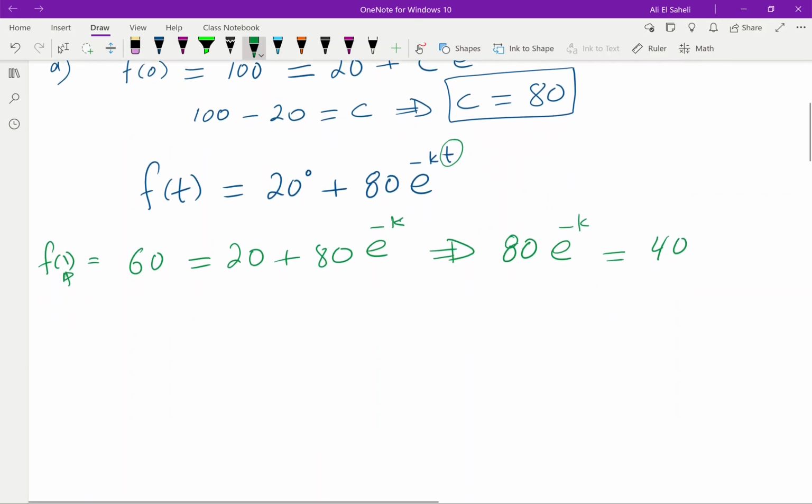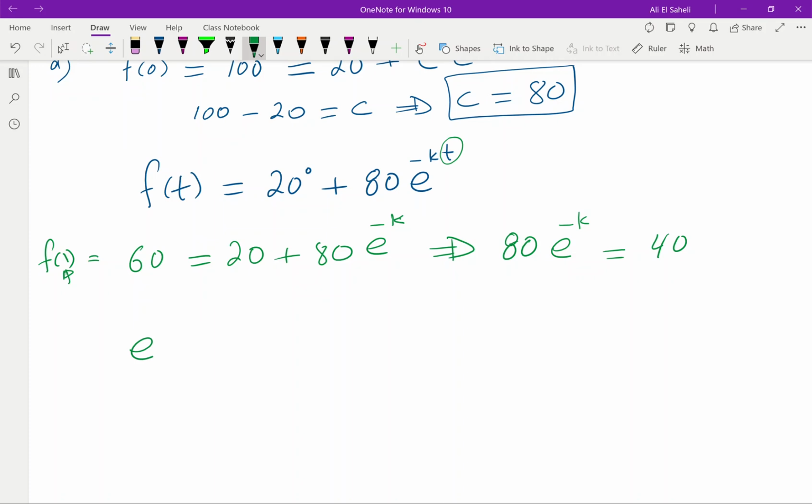We need to apply the ln. First e to the minus k equals 40 over 80, which is 1 over 2. Ln of e to the minus k. Ln and e cancel out, so minus k is ln 1 over 2. Now, ln 1 over 2 is ln 1 minus ln 2.